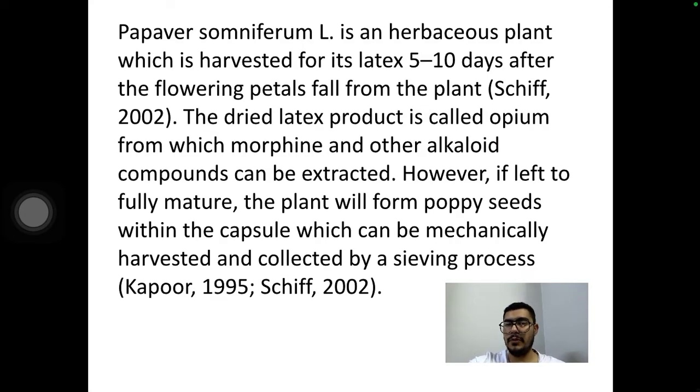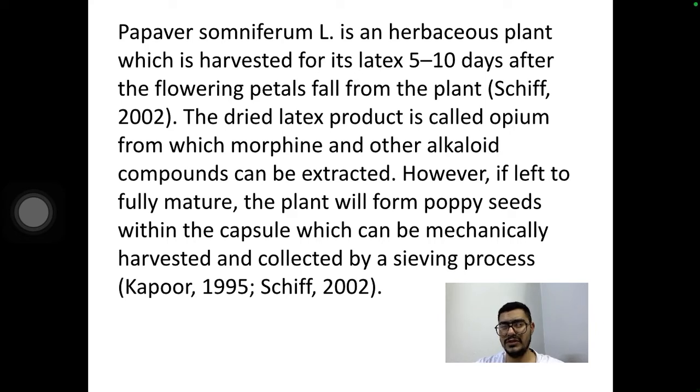Papaver somniferum is a herbaceous plant which is harvested for its latex 5 to 10 days after flowering, when the petals fall from the plant. The raw latex product is called opium.